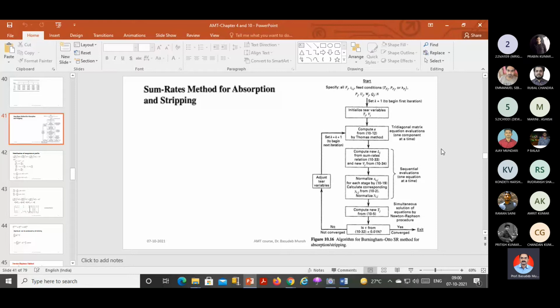So we are not going to use the energy balance equation for stage 1 for finding Q1, or for stage n for finding Qn. Those are available. So let us use all the energy balance equations to find the modified temperatures T1 to Tn. Let me discuss how we do that.